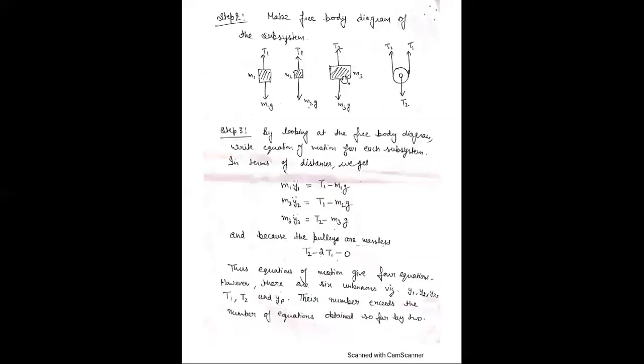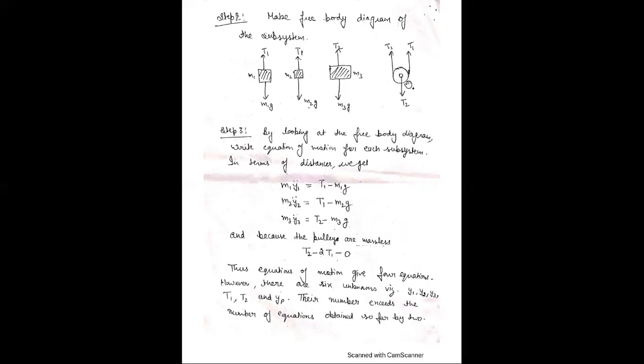Now, firstly, we draw the free body diagram for all the masses. For M1, M1G is the downward force, the gravitational force, and T1 is the tension on mass M1. M2G is the downward force, gravitational force. T1, the tension, is the same in both cases. And M3G is the gravitational force on M3 and T2 is the tension.